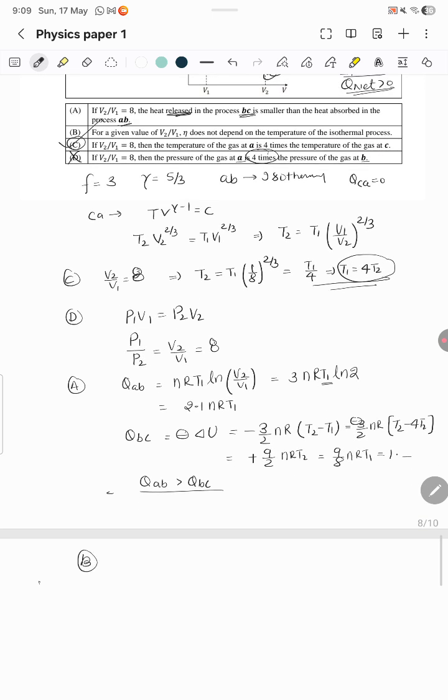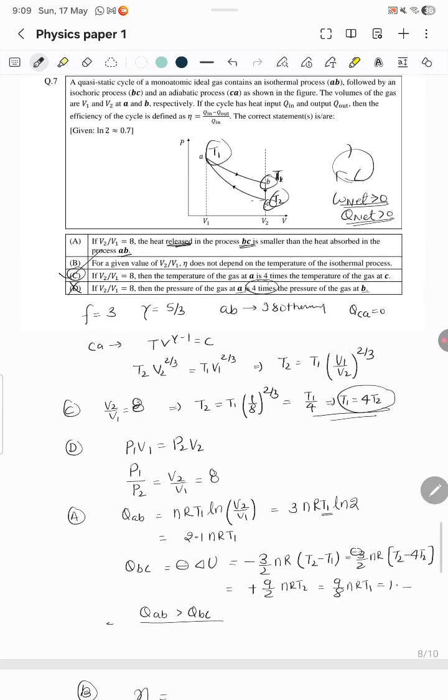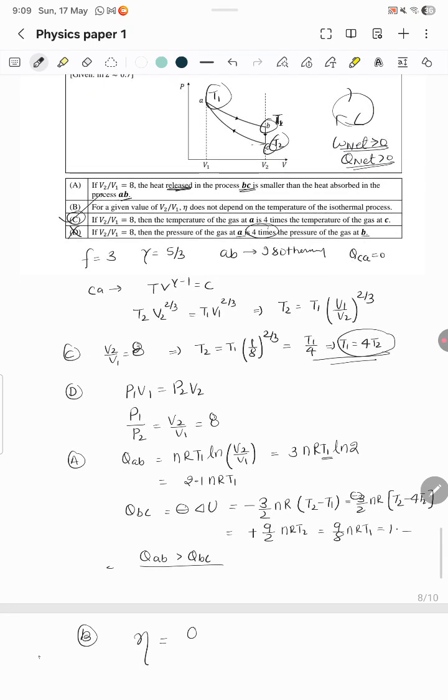If we talk about option B, efficiency is, we can say, 1 minus the heat rejected upon the heat input. So heat input is QAB, so QAB minus QBC upon QAB. We can see it is also a function of T1. We should use these values then. Why should we use these values? Because now V1 by V2 is given, but it is not fixed. So we can say efficiency is 1 minus QBC by QAB. That is also okay.